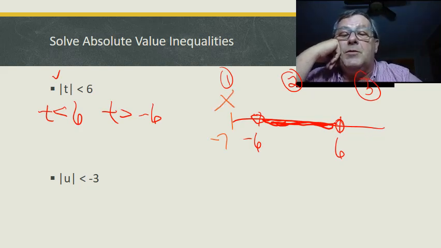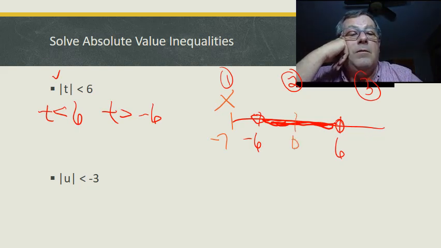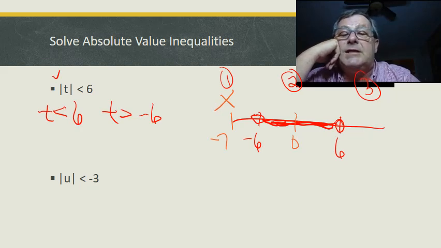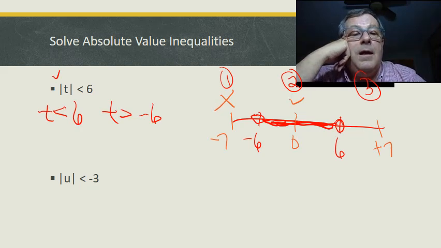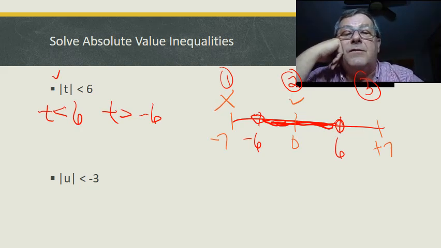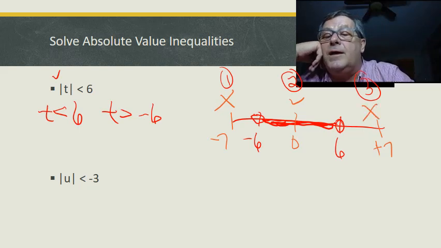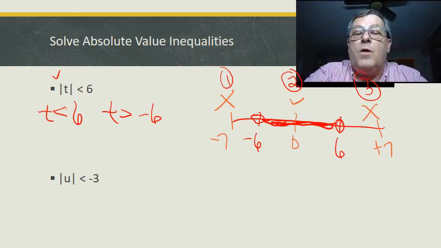Now, I could pick a number here between negative 6 and 6. Why don't I just pick 0? Well, the absolute value of 0 is 0, and 0 is less than 6, and so that interval passes. And what about this third interval? Well, I'm just going to pick positive 7, and absolute value of positive 7 is 7, and 7 again is not less than 6, and so that interval fails. So that's another way of double checking when you're graphing an absolute value inequality.